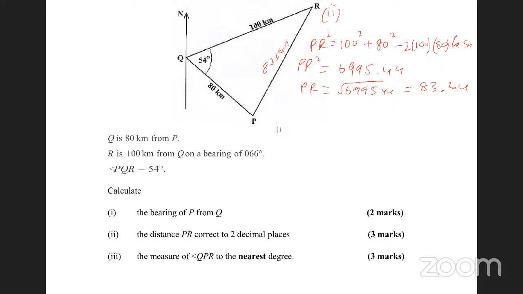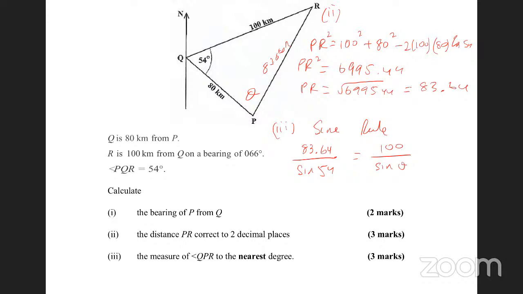And the last part, they want us to find the angle QPR to the nearest degree. QPR is right here. Of course we're going to have to use the sine rule. 83.64 over sine 54 is equal to, you want to find theta, so the opposite length is 100, 100 over sine theta.